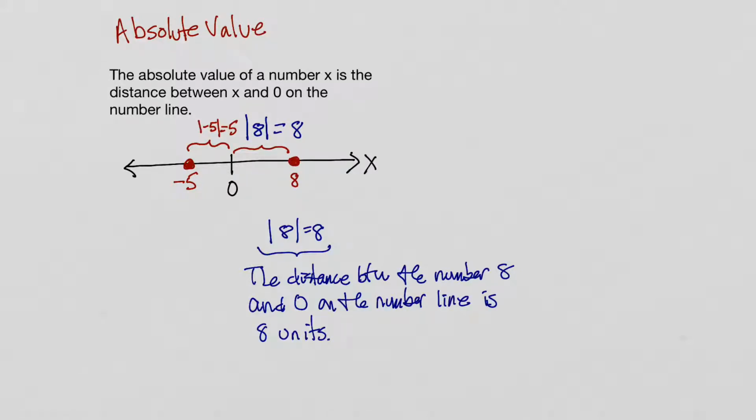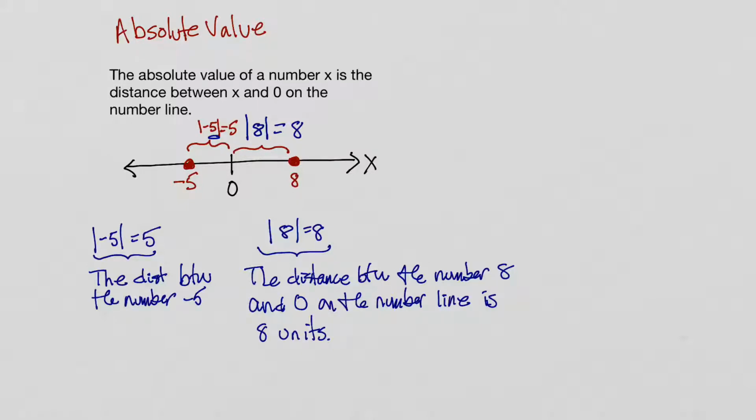So I'm going to write that down here. Let's take this and put it down here. So we're going to have this as the absolute value of -5 is equal to 5. And now I'm going to write that whole sentence again here. The distance, I'll abbreviate, the distance between, BTW, between the number -5, right?